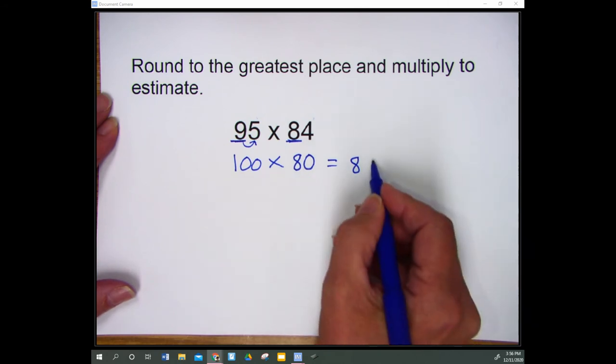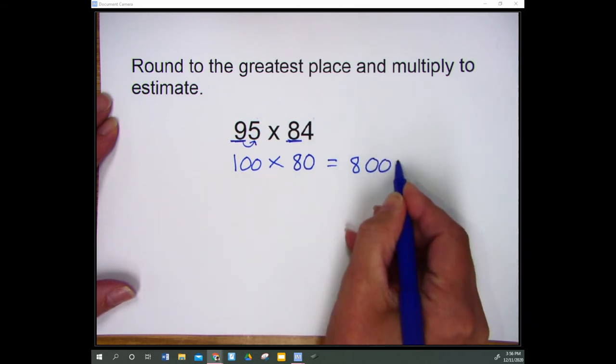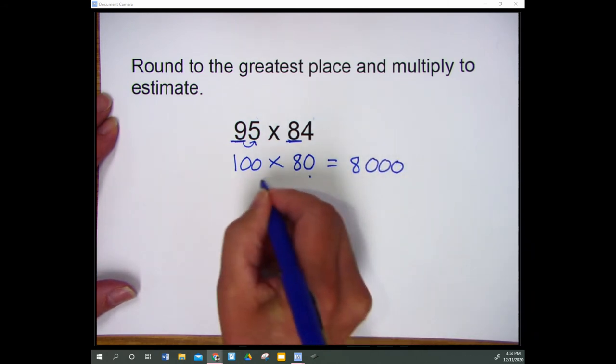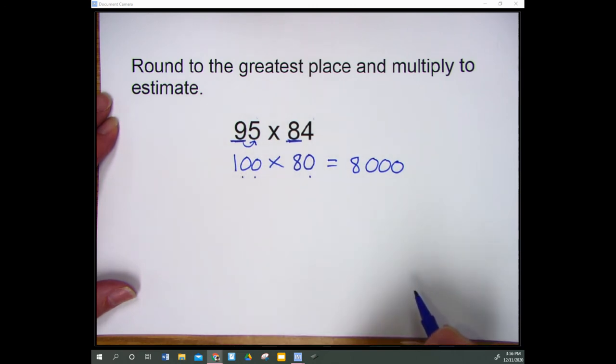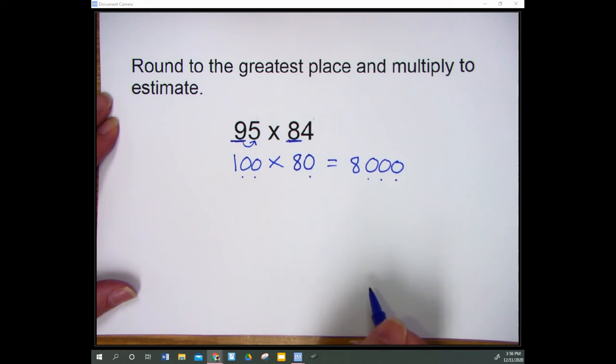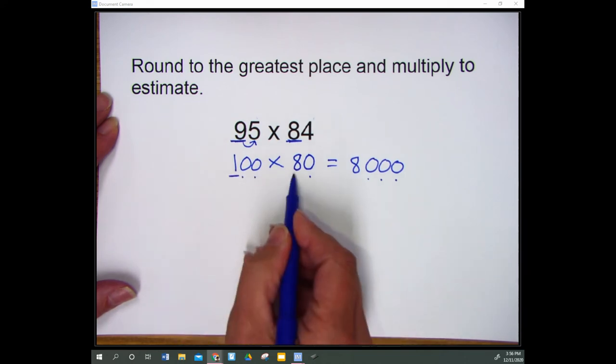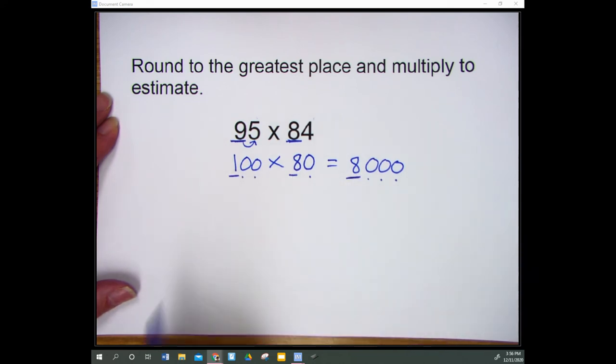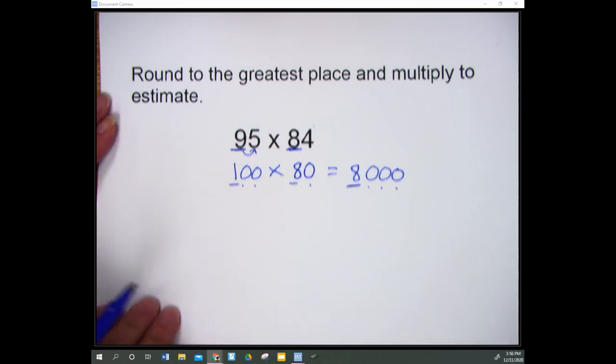I'd have 8,000. Do you notice how there are 1, 2, 3 zeros in the factors and 1, 2, 3 zeros in the product? And then here's my basic math fact, at the beginning of that product.